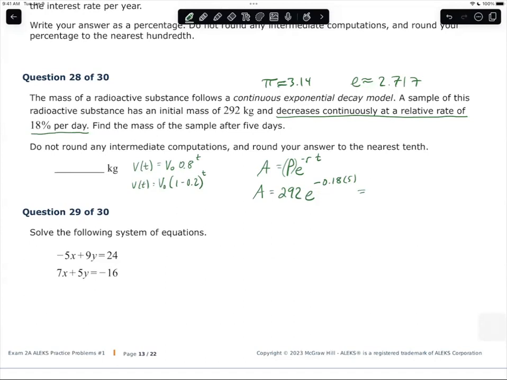Let's see. Do I have a calculator? Does anybody have a calculator?